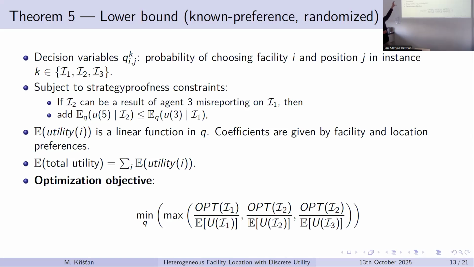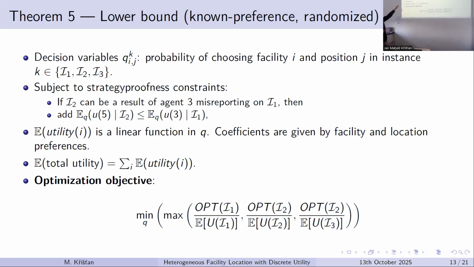And the important one is the one that follows from strategy-proofness. Again, let's say that agent 5 in instance 2 looks like a lying agent 3 in instance 1. So this way we want to encode that their utility cannot increase in the instance where it looks like they are lying.